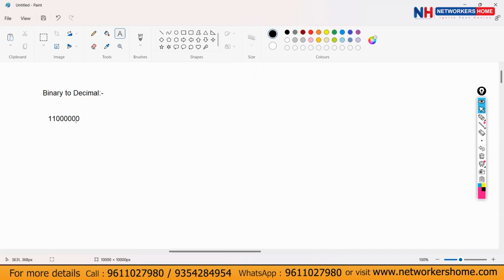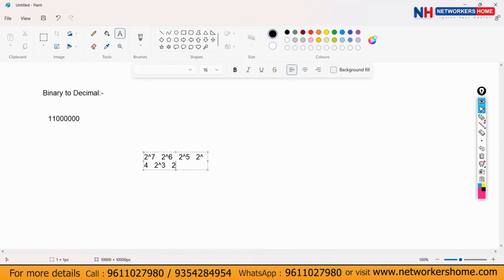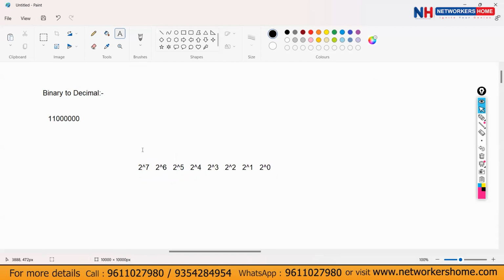We need to multiply each digit with a power of 2 base: 2 power 0, 2 power 1. First, let's write the base. There will be 2 power 7, 2 power 6, 2 power 5. So what we have to do is spread the number.